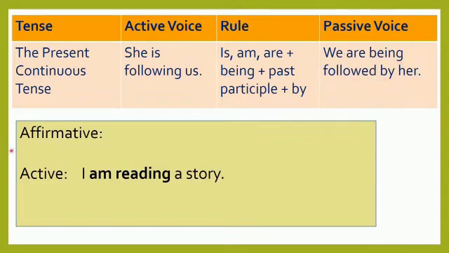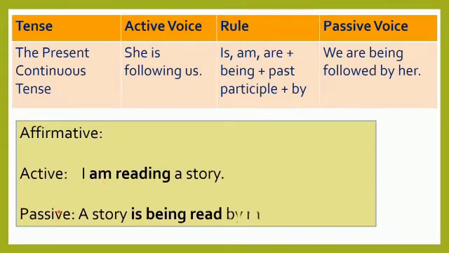For affirmative sentences in active voice, for example, our sentence is, I am reading a story. So in passive voice, I will write a story is, because there is just one story. So that's why we have written our helping verb in a singular form. A story is being read, past participle read, by me.